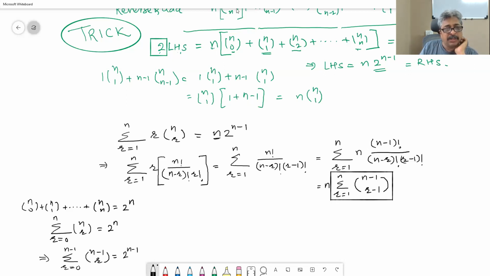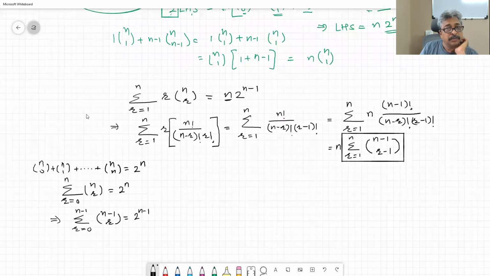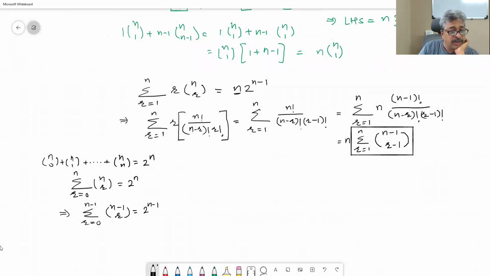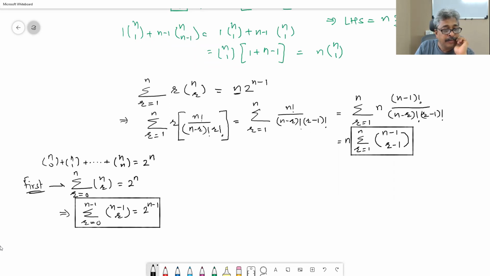See whether you understand this. From here I get here. This is the identity which is proved. This is the first identity. Replacing n by n minus 1, we have to replace n by n minus 1 everywhere in this identity.